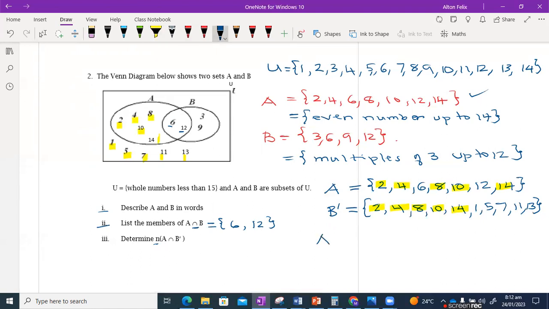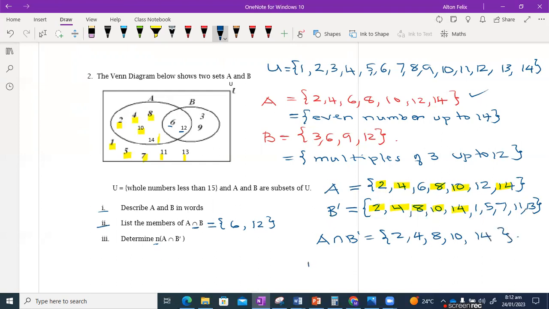So A intersect B complement will consist of the members 2, 4, 8, 10, 14.